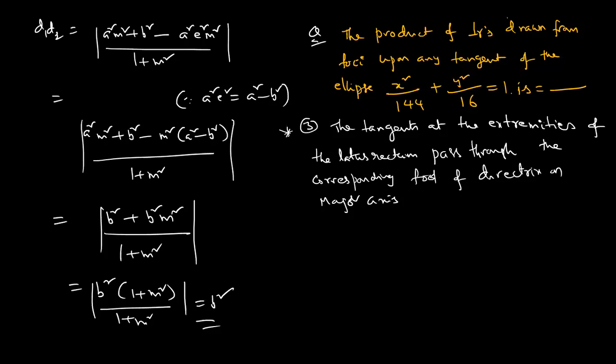The tangents at the extremities of the latus rectum pass through the corresponding foot of the directrix on the major axis. So what is the meaning?